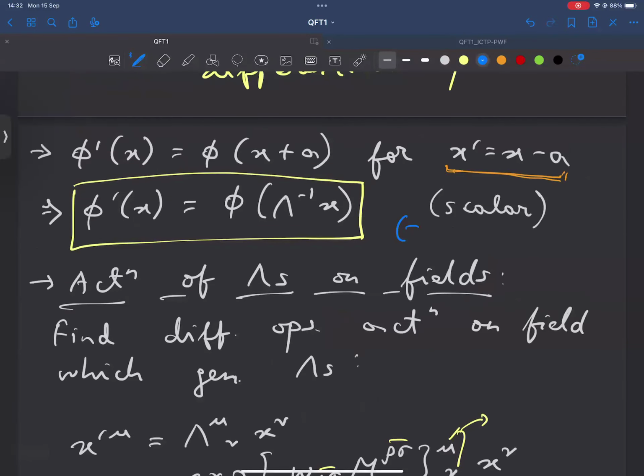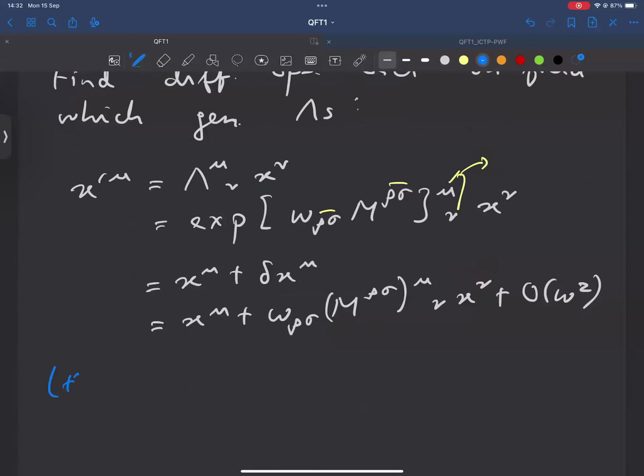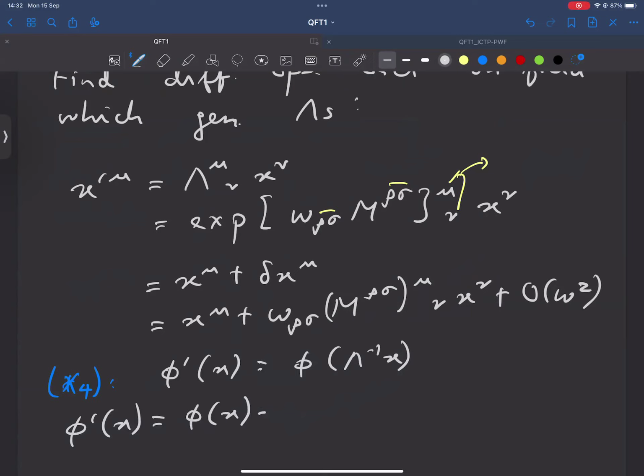That's how the vectors work. So let's call this star 4. Now from star 4, we know that phi prime of x goes like phi of lambda inverse x. So you can work that out as the following.